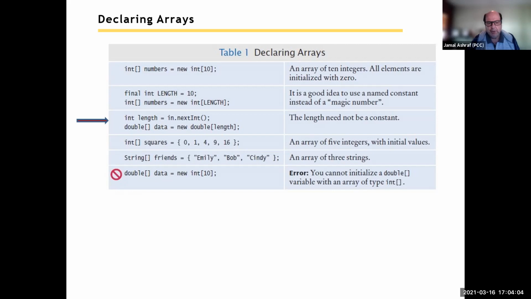And then in Java, we can read the length before we create our array. The newest version of C++, you can do it. Older versions, you could not do it. So here you can get the length and then create your array. You don't have to have the length beforehand. But when you're creating your array, it's going to go in the memory and reserve that much room, so it's going to be fixed after you do it.